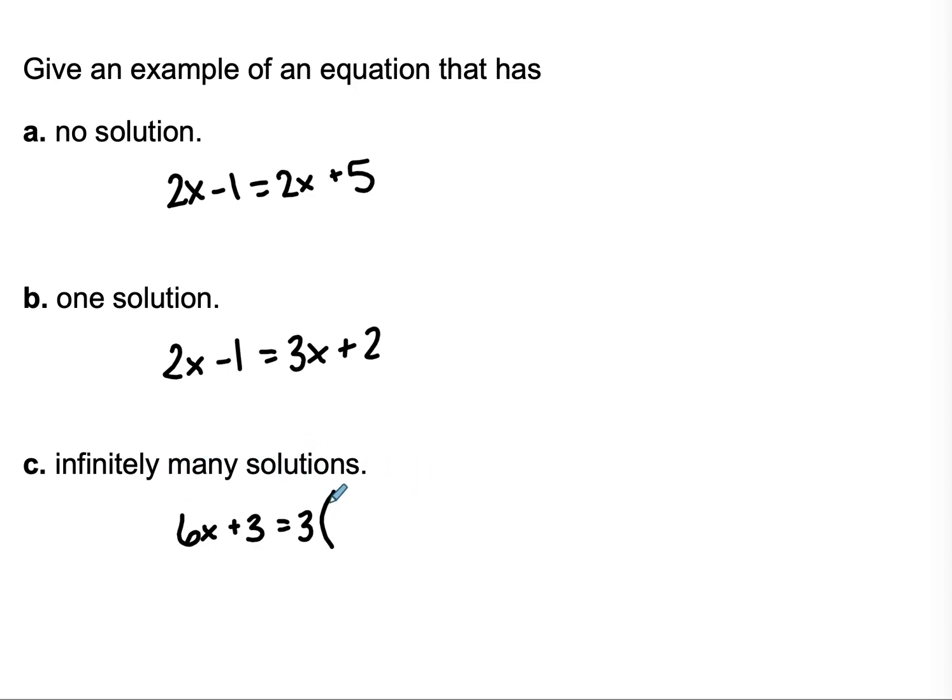Like you'll have to do a calculation before you see right away that it's the same. So 3 times, say, 2x plus 1 would be an example of infinite solutions, because once you distribute that part, 3 times 2x is 6x, 3 times 1 is 3, then you see how both sides are the same. That's going to be an infinite solution equation.